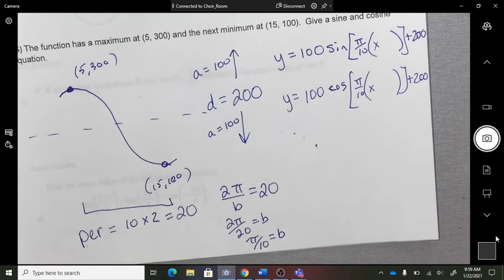So no matter if you're a sine or a cos curve, all of those are the same. Your C's are just different because you have to figure out which is a cos starter and which is a sine starter.